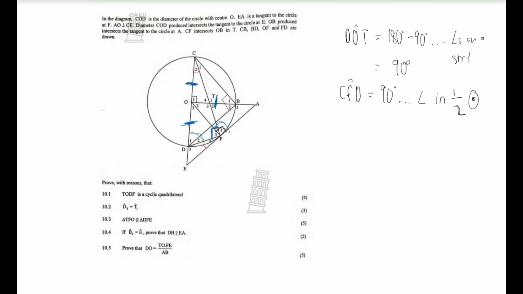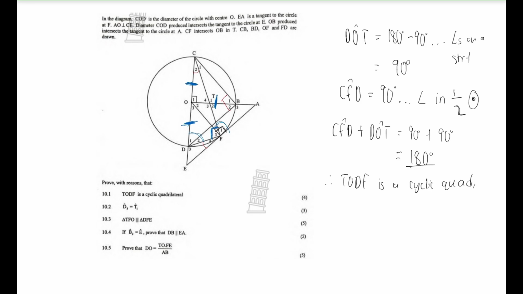And now what you're going to say is that CFD plus DOT equals 90 degrees plus 90 degrees, and this equals 180 degrees. Because this equals 180 degrees, therefore TODF is a cyclic quad.